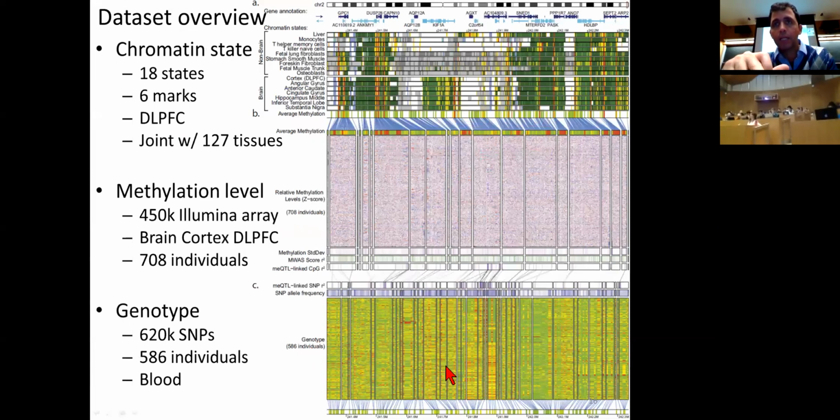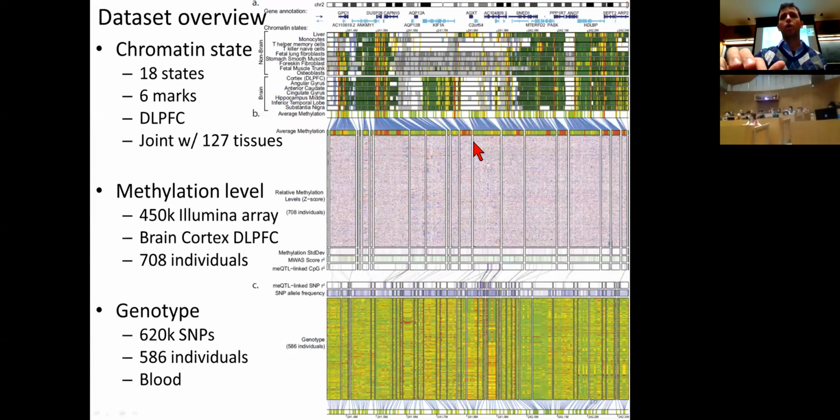And then what you're asking is, are the individuals that had more Gs, for example, showing more of a difference in methylation here, okay? So what we're basically looking for is a correlation between this vector of methylation across individuals and this vector of genetics across individuals, okay?